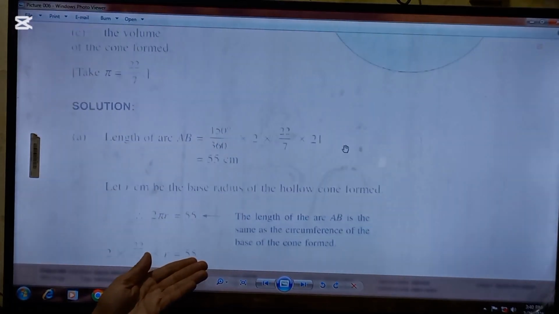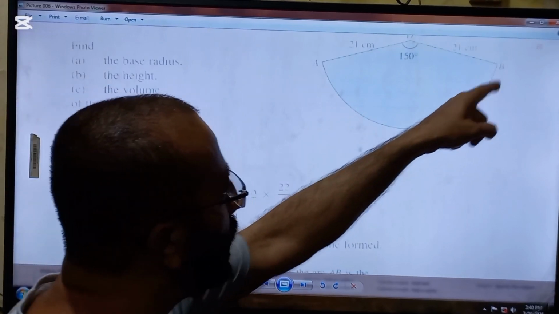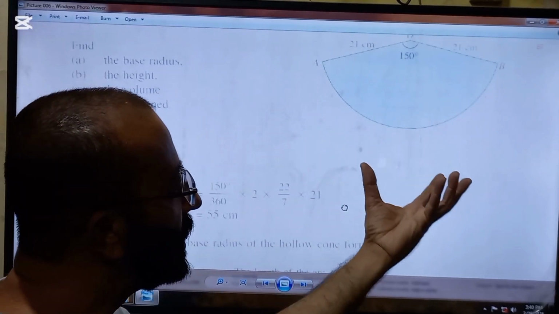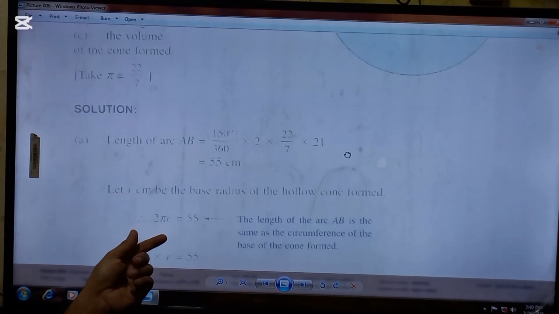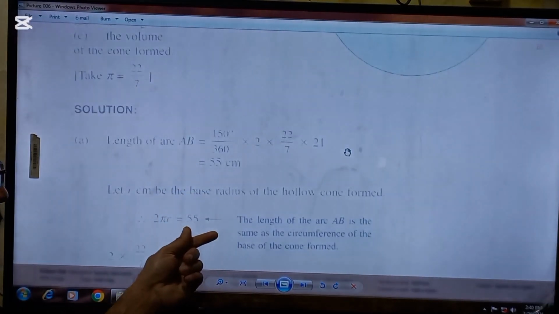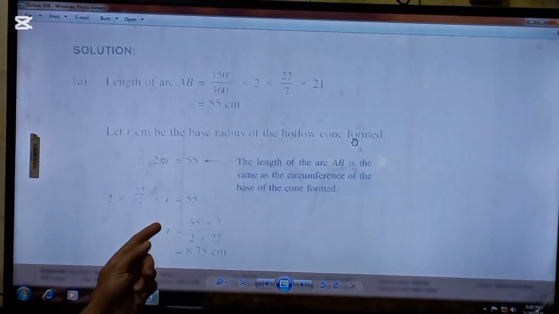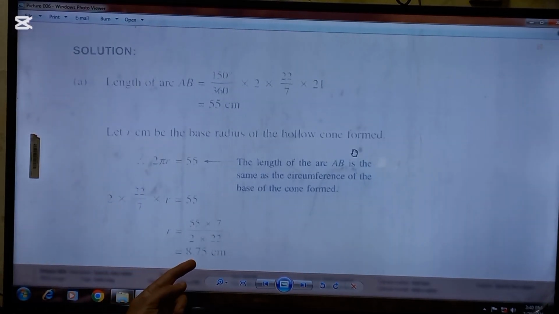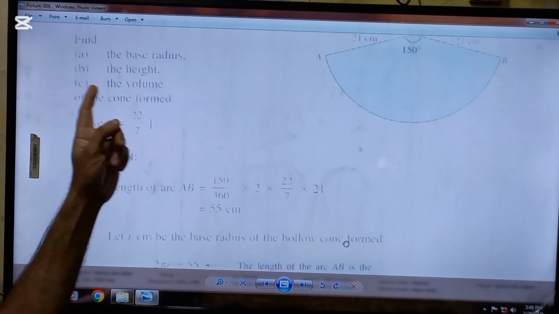Answer will be 55. Now this sector arc will make the circular base of the cone, which will be 2 pi r and will be equal to 55, and from here we will find the value of r. This will be 8.75. This will be the radius of the cone, which is the answer of the first part.